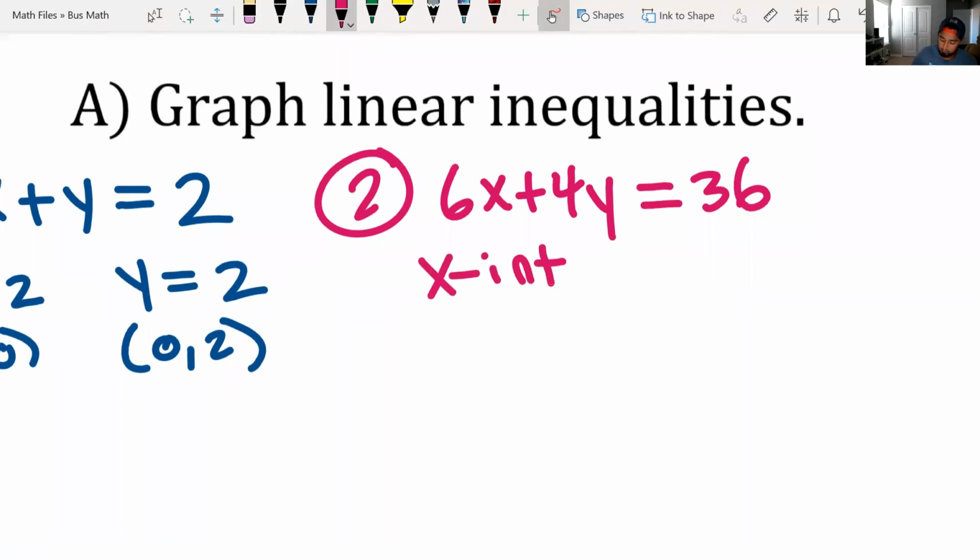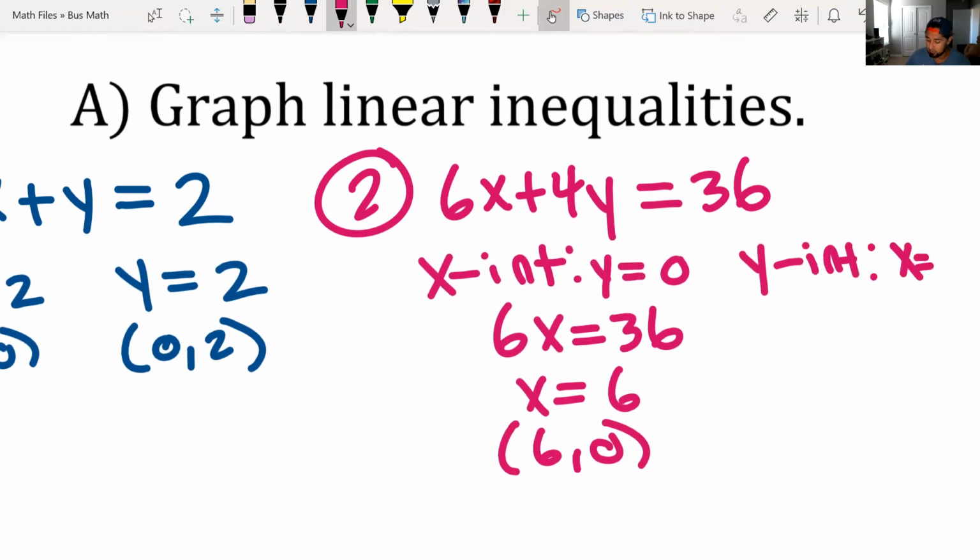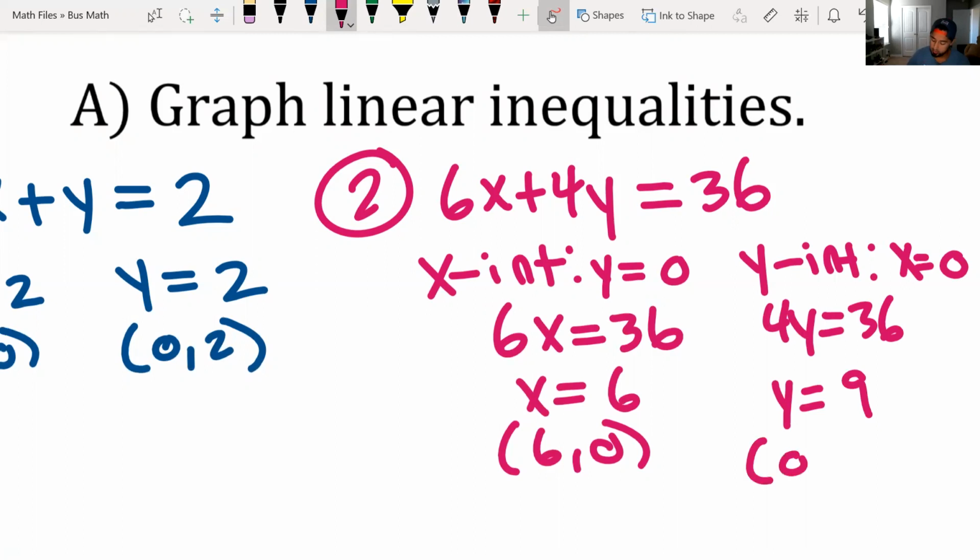X-intercept, y equal to 0. 6x equals 36, x equals 6. So (6, 0). Y-intercept, x equals 0. And 4y equals 36, so y equals 9. You get (0, 9).